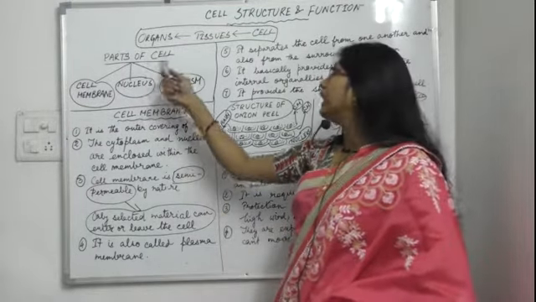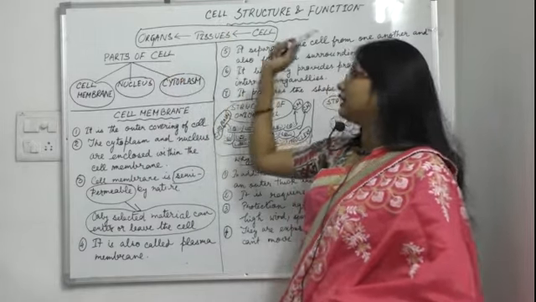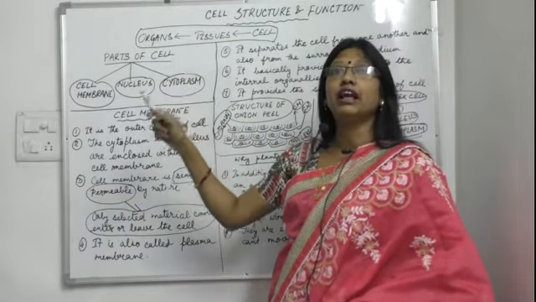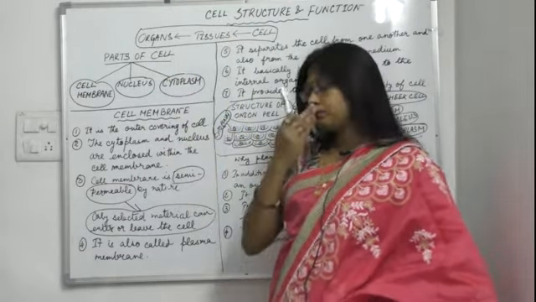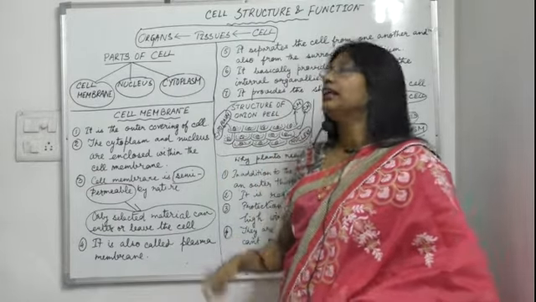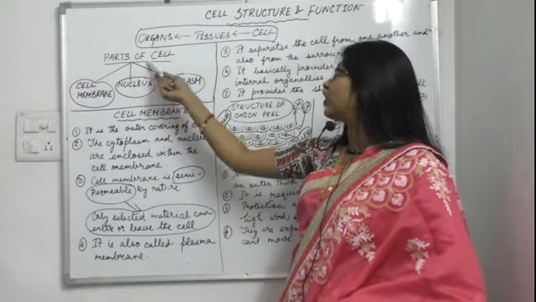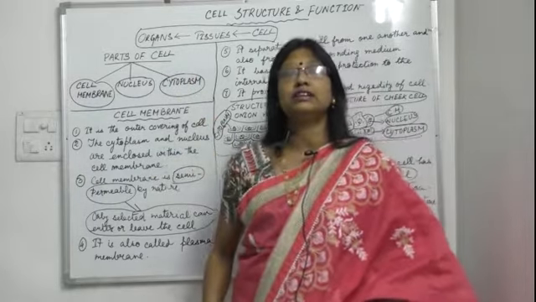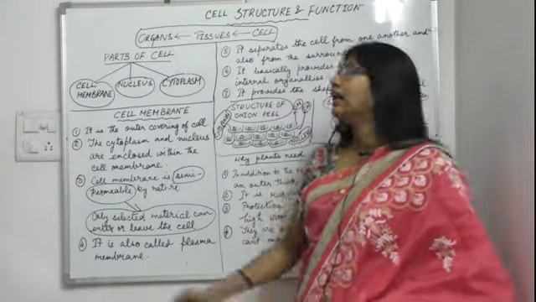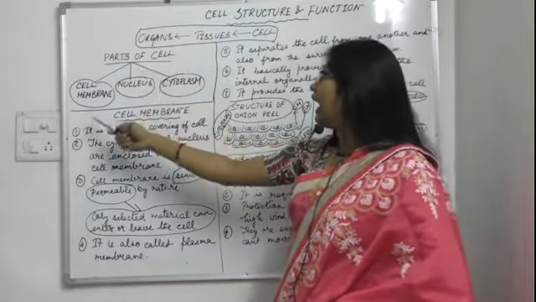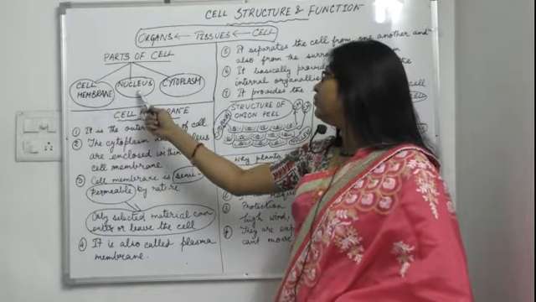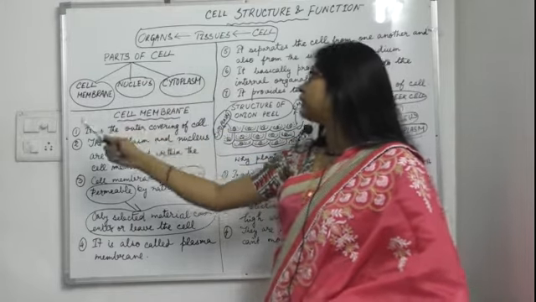Today we will learn about cell structure. When we are going to know about cell structure, we should know the parts of the cell. The parts of the cell are cell membrane, nucleus and cytoplasm.